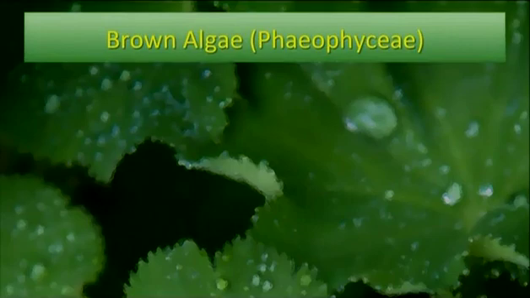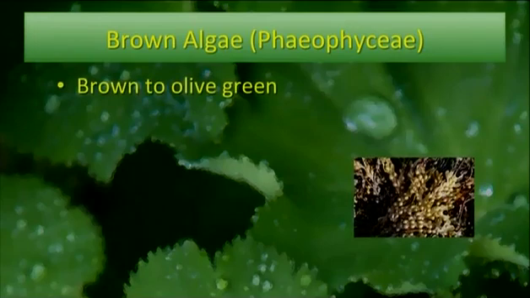Now the brown algae are the Phaeophyceae. They used to actually belong to their own division, but now they put them only in a family, okay? And these are macroalgae. They're brown to olive green, okay, due to the pigments present in them.